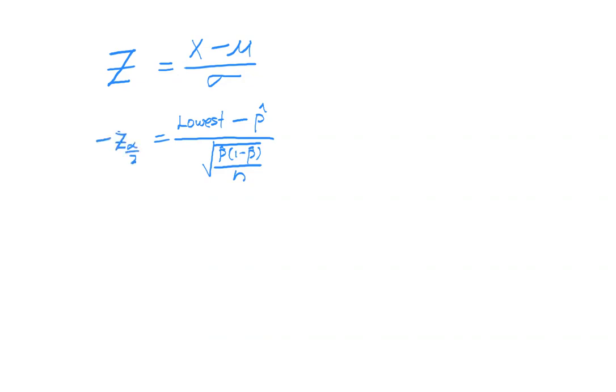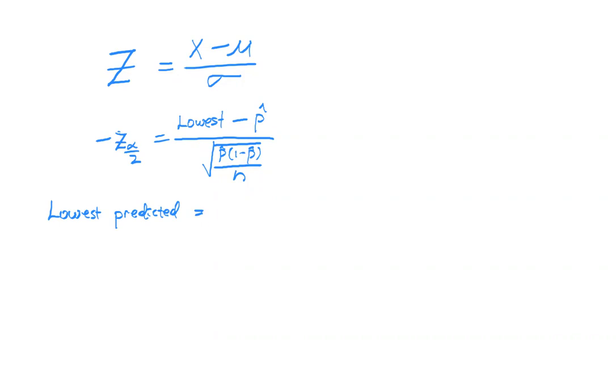Am I right? So the lowest predicted will be, you cross multiply, correct?